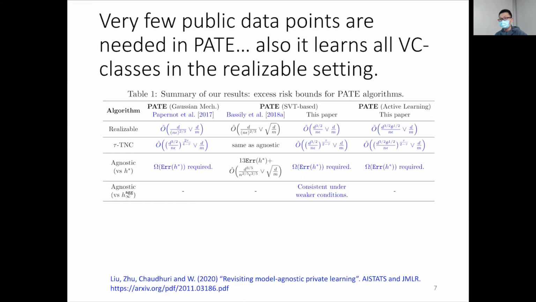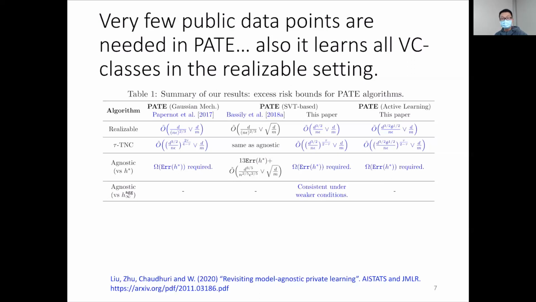First of all, what are these notations? D denotes the VC dimension of the problem. Recall that previously, when these classes are VC classes, even if D is equal to 1, there is no private learning algorithm.